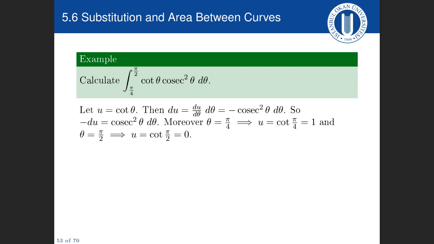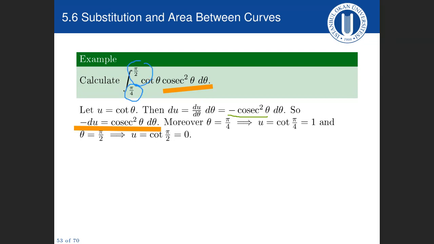Why does it work? Because when you differentiate cotan, you get minus cosec squared. And that's how we cancel off the cosec squared. Take the minus sign to the other side. Minus du is cosec squared theta d theta, which is what I have in the integral. Because we're doing definite integrals, we do need to do an extra little bit of work here. We need to change the limits of integration.